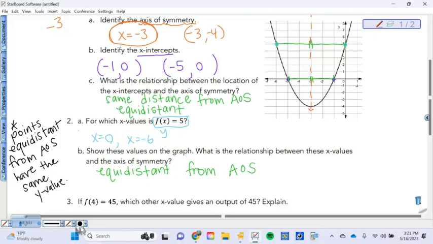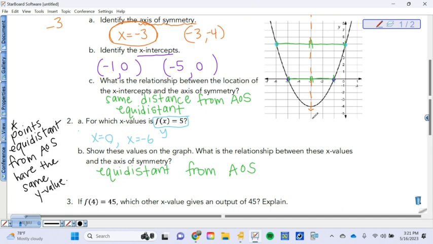And if we look down here, this one is 1 place away from the axis of symmetry. They have the same y value of -3. So it's always mirroring each other all the way out. Okay? So if f of 4 is 45, what's the mirroring point?